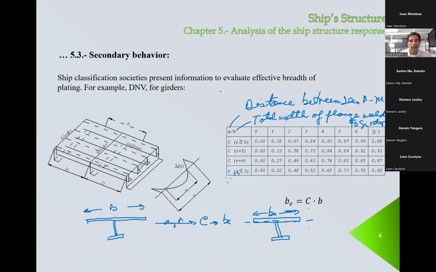Then I calculate the inertia, and finally sigma secondary.